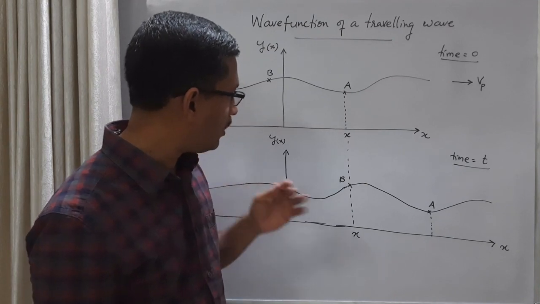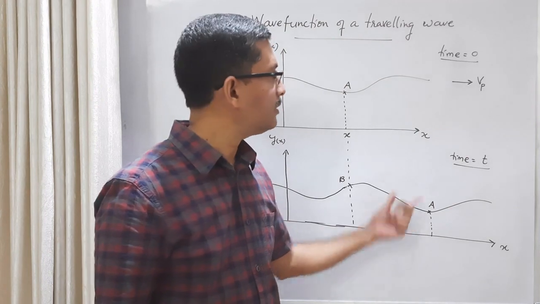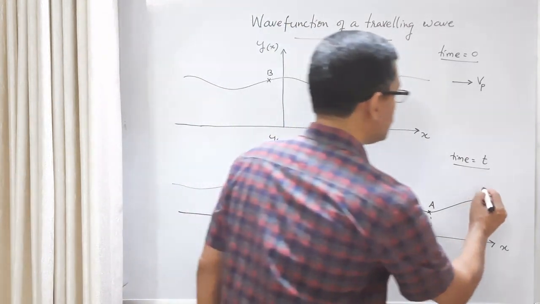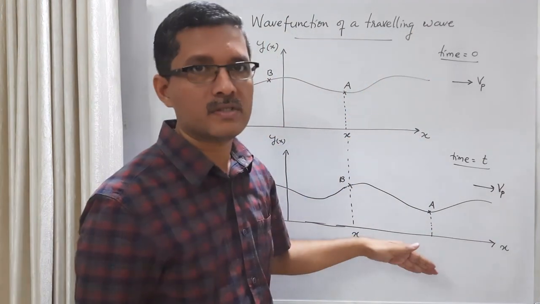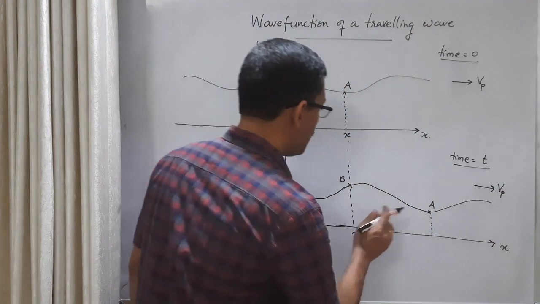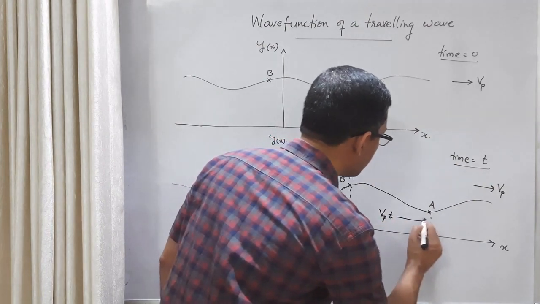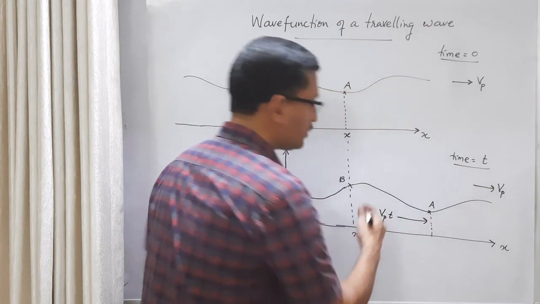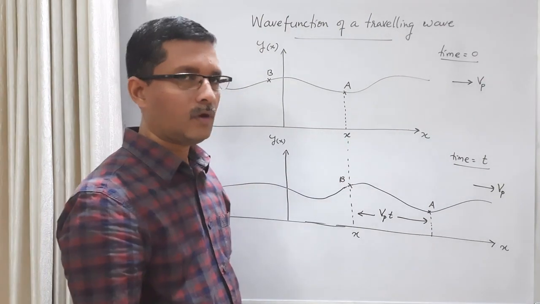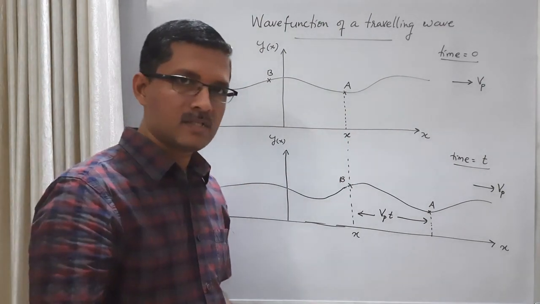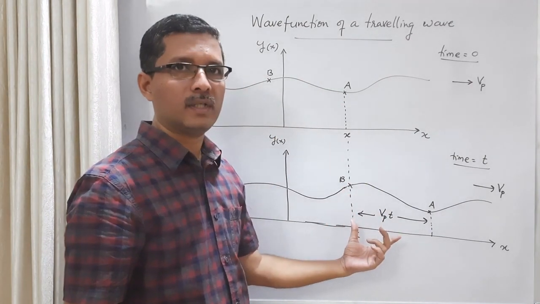Then what will be the difference between these 2 points, A and B? The velocity of the wave to the right is Vp, and the time elapsed is t. So surely this point A must have advanced by a distance Vp into t, correct? This much distance it has advanced from here. So it also means that point B has advanced the same distance Vp into t.